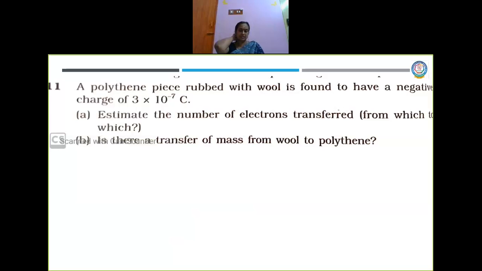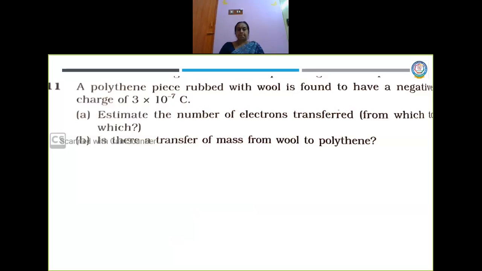By mistake they have given us 3, it should be 3.2. Estimate the number of electrons transferred. We need to know how many electrons are transferred and from which to which it has been transferred, either from polythene to wool or wool to polythene. We have to estimate that.